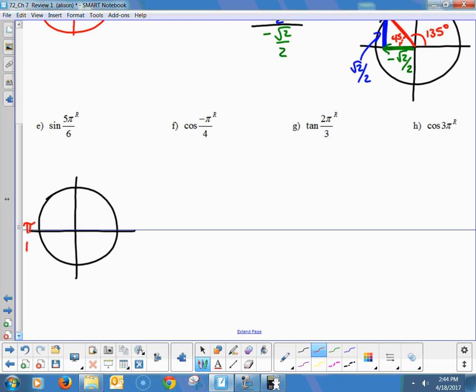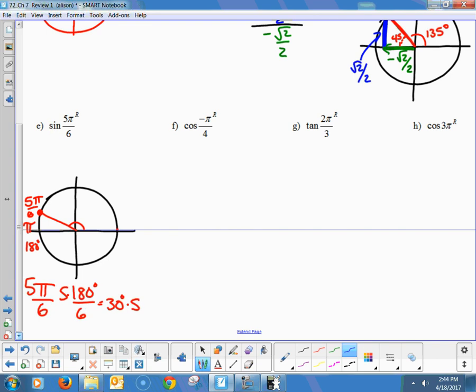So that means pi over 6 radians is 180 degrees divided by 6, which is 30 degrees. And 5 pi over 6 is 5 of those. So 30 times 5 is 150 degrees.